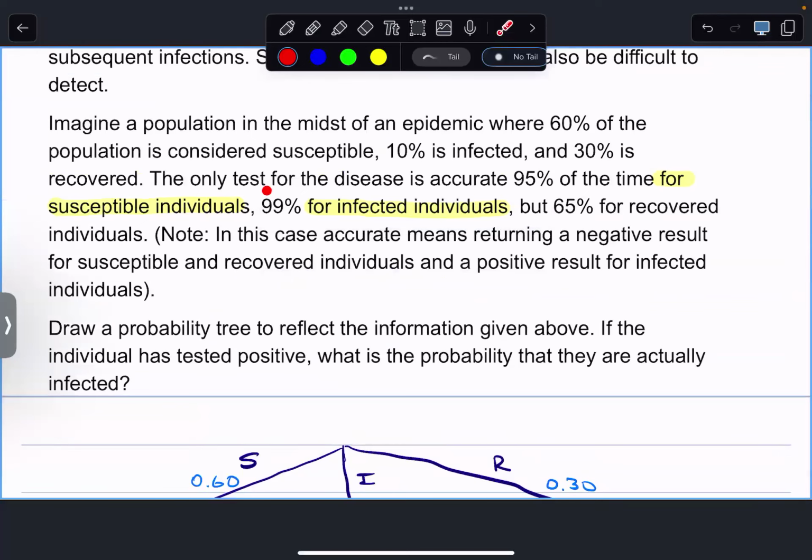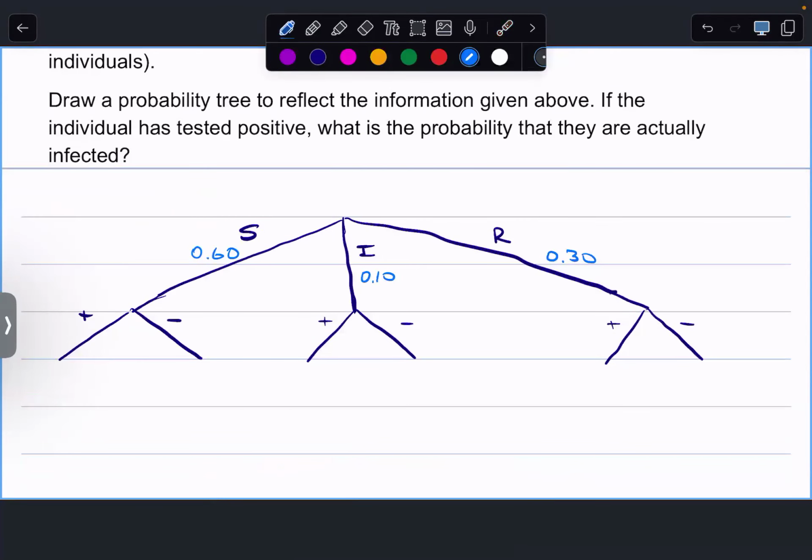So now the next set of probabilities are conditional probabilities, but I'm not going to write them as conditional probabilities, right? And so the test is accurate 95% of the time for susceptible individuals. That means if they're susceptible, then it should be negative to be accurate, which means that this probability here is 0.95.